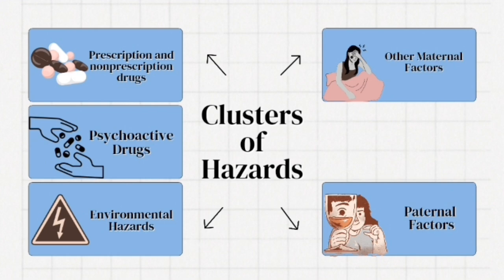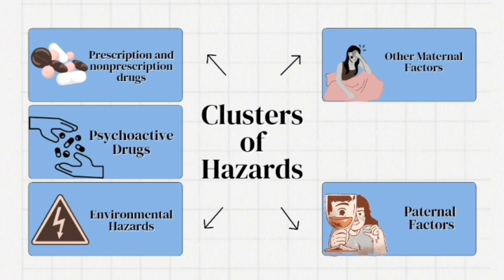And lastly, maternal age. Older mothers face higher risk for chromosome abnormalities. The risk of conditions like Down syndrome increases after age 30 and rises significantly by age 40 and beyond. Very young mothers also face increased risk.